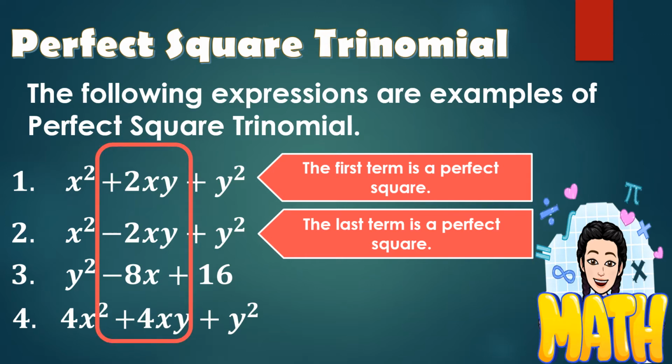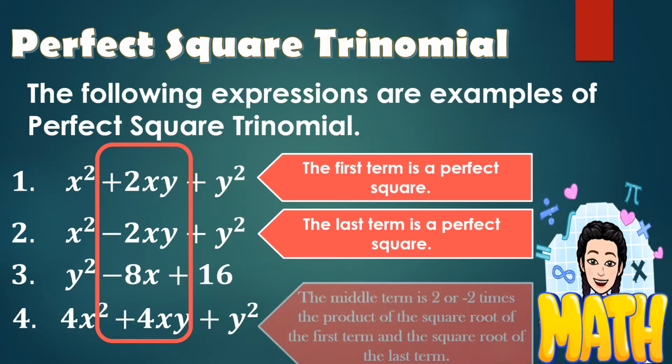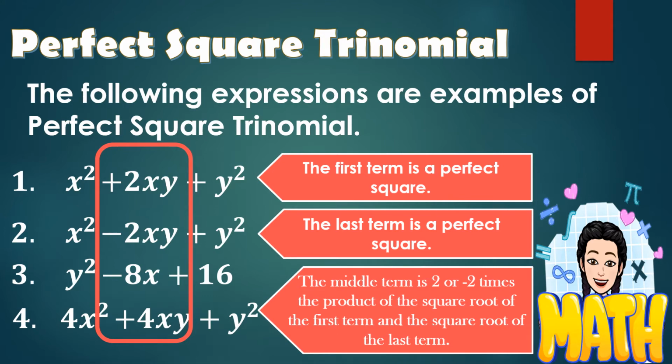Ano ang common sa mga terms na ito? Correct! The middle term is 2 or negative 2 times the product of the square root of the first term and the square root of the last term. Itong tatlo na ito ang mga characteristics ng isang perfect square trinomial.